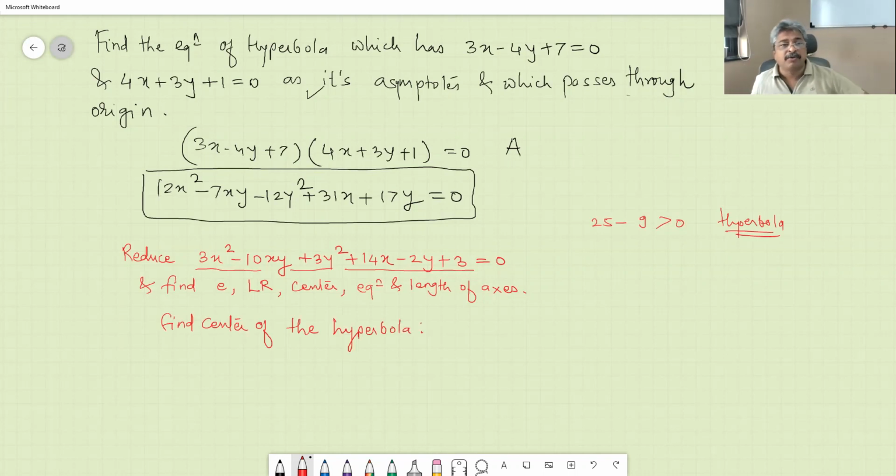That is why that formula which we have derived is important. Find the center of the hyperbola. Second thing, shift the origin to the center.